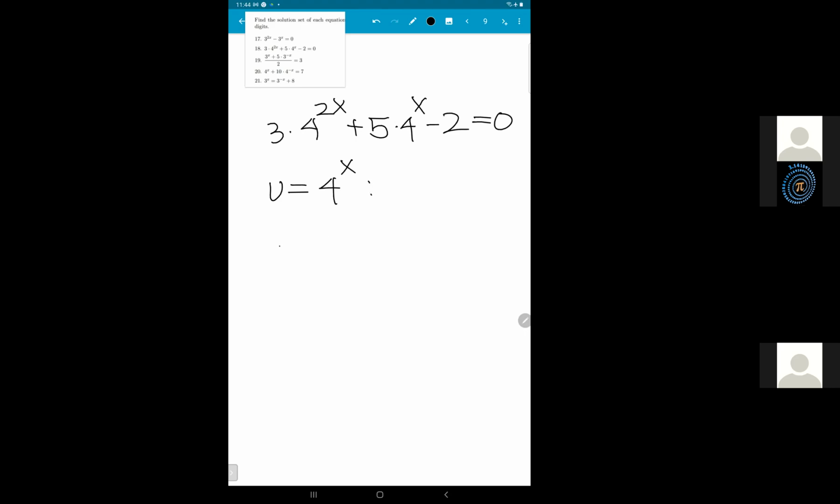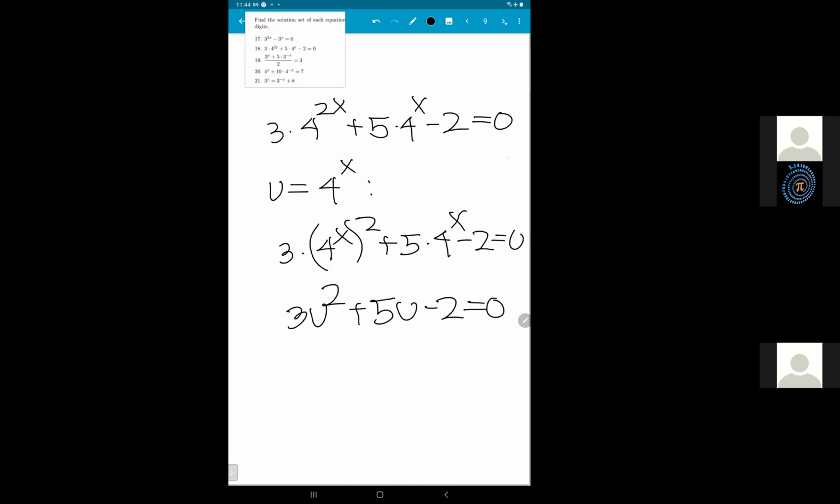Because when you write the first one, it's just 4 to the x squared. So it's u squared. Then it becomes quadratic. Factorable, right? What is the same as earlier? u and 6u. Okay, correct. 6u, okay. So we get 1/3 and -2.